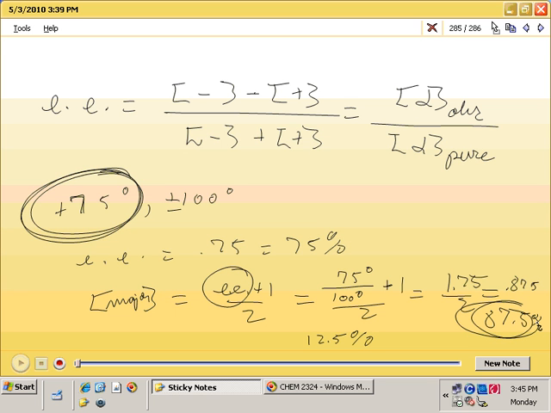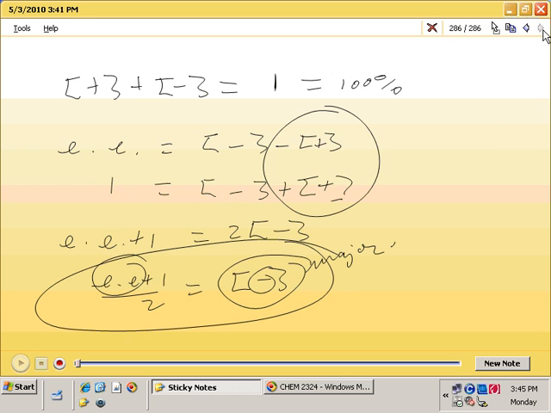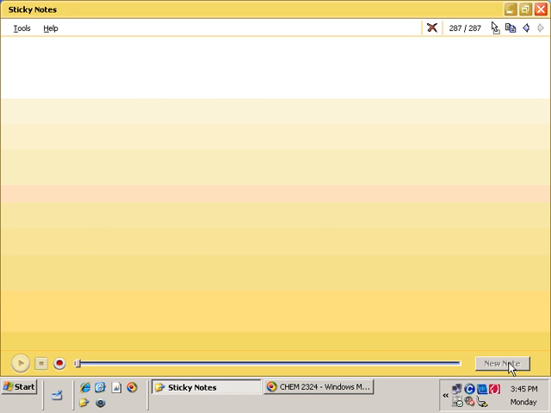Let's go to a new slide just to confirm this. A sample that has an optical rotation of 75 degrees, when the pure enantiomer has a rotation of either plus or minus 100 degrees, we said is composed of 87.5% of the plus enantiomer and 12.5% of the minus enantiomer.